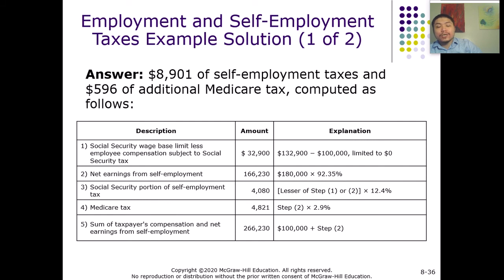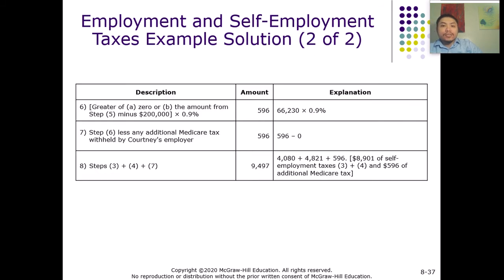So that's why she has to pay additional tax on the $66,230 that is above the threshold of $200,000. So we take $66,230 times 0.9%, the additional Medicare tax rate, and that gives us $596.